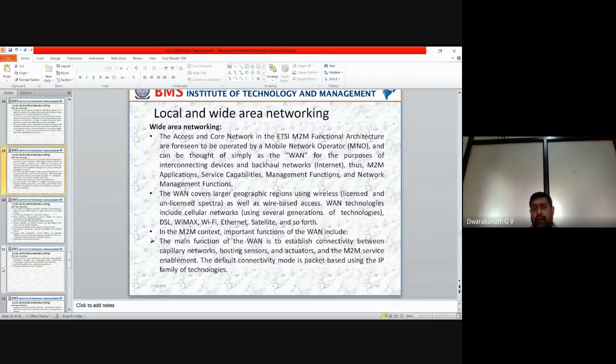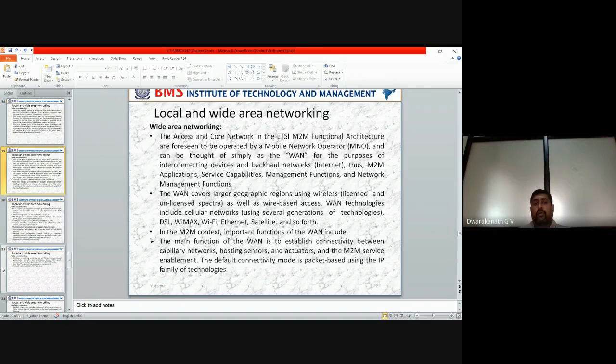Continuing with wide area networking, the access and core network in ETSI, the European Telecommunication Standards I have told you about. So the M2M functional architecture is intended to be operated by a mobile network operator, MNO, underneath.